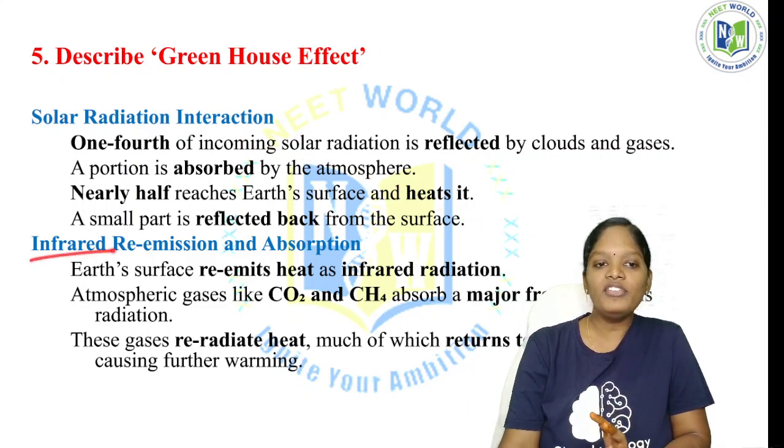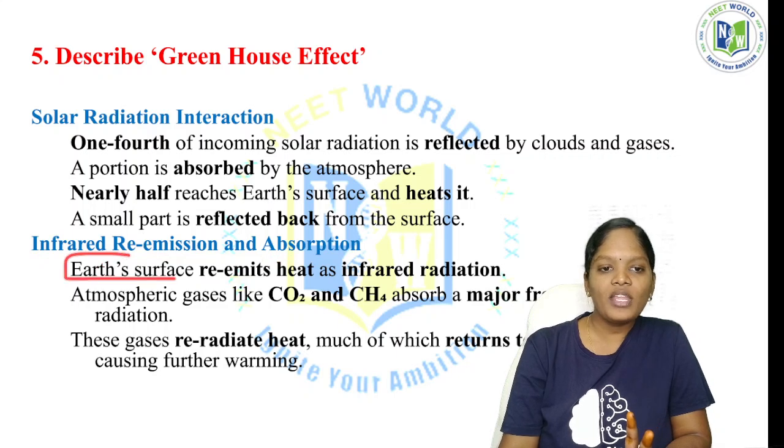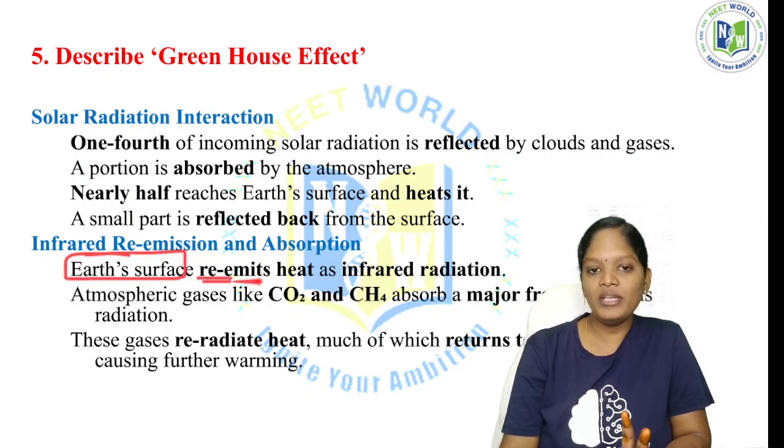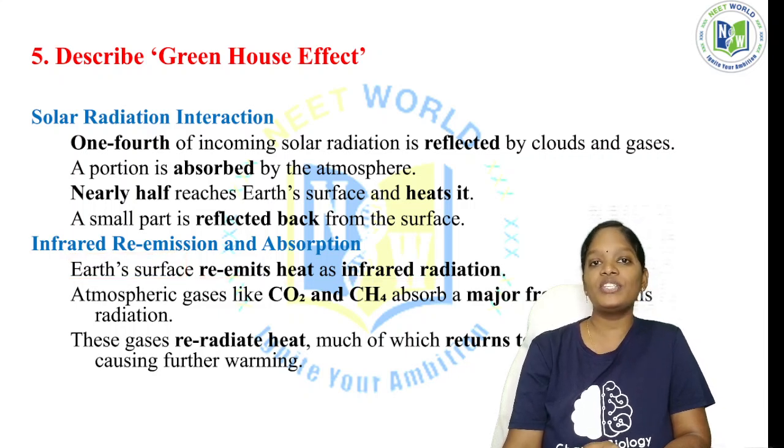Now, the infrared re-emission and absorption. What is getting re-emitted and what is getting reabsorbed? The Earth's surface re-emits heat as infrared radiation. This is what is called terrestrial radiation.